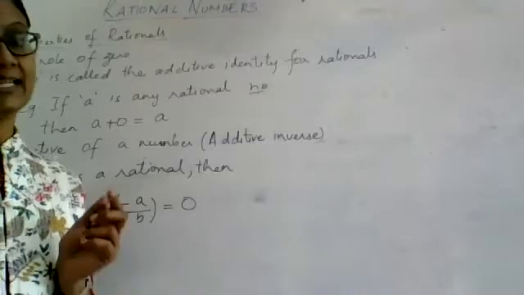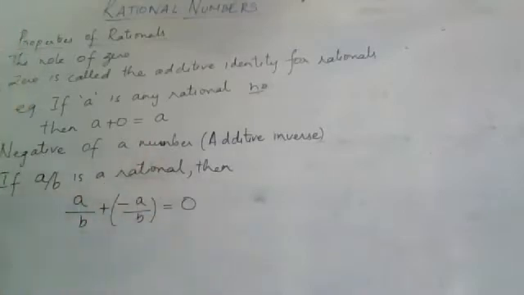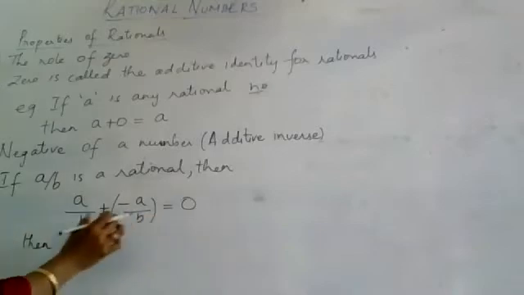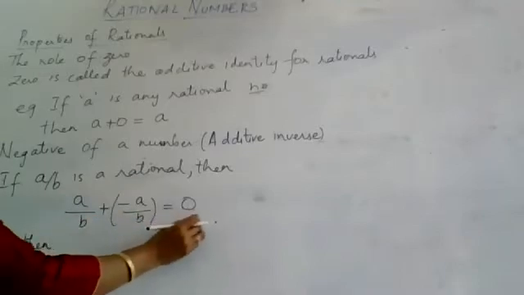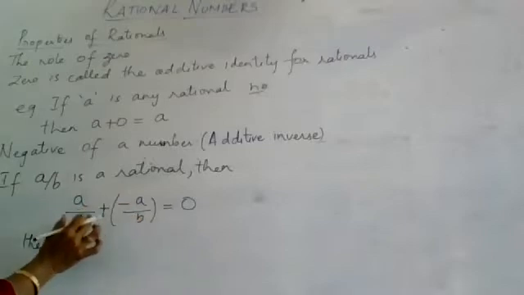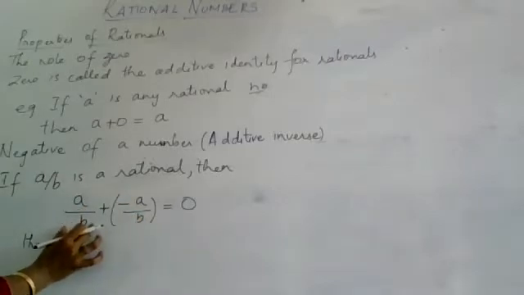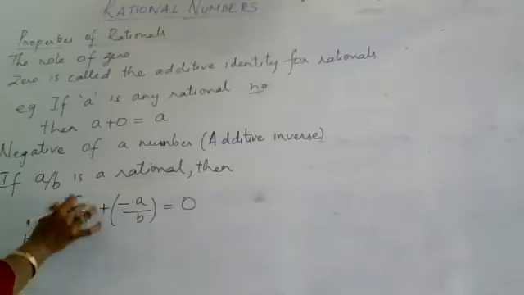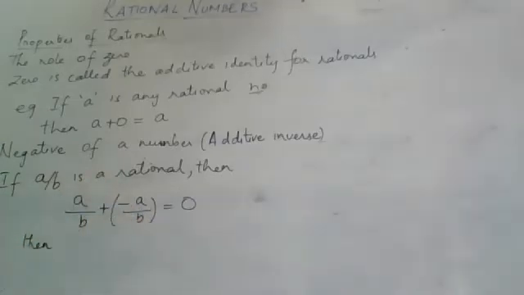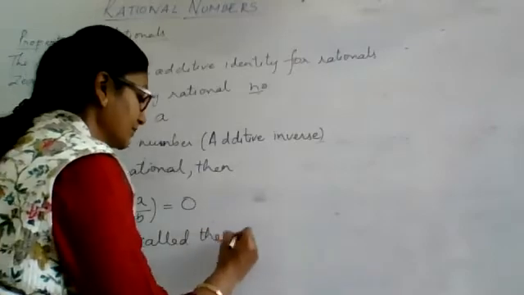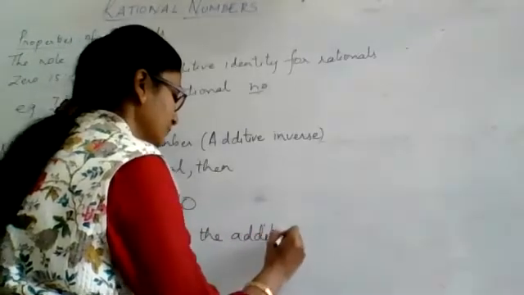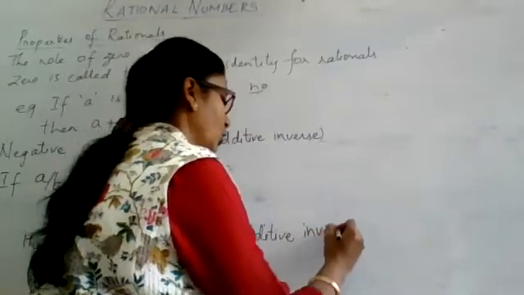Then I say negative A by B is the additive inverse of A by B, or A by B is the additive inverse of negative A by B.